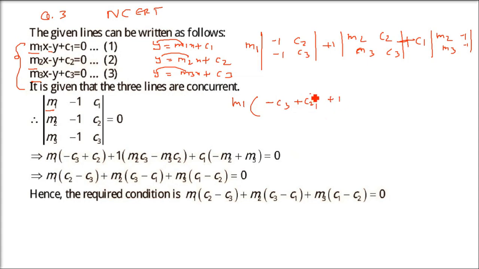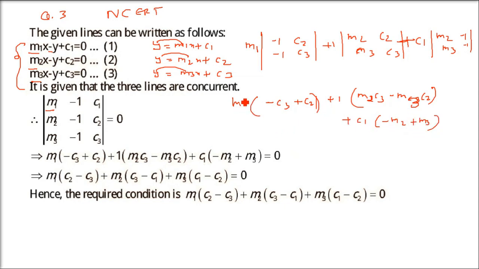Then m2c3 minus m3c2, then c1 times minus m2 plus m3.